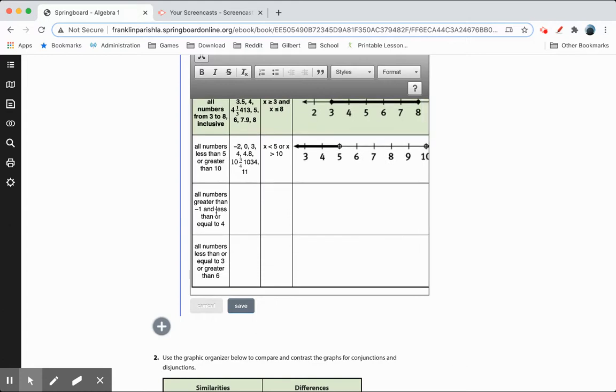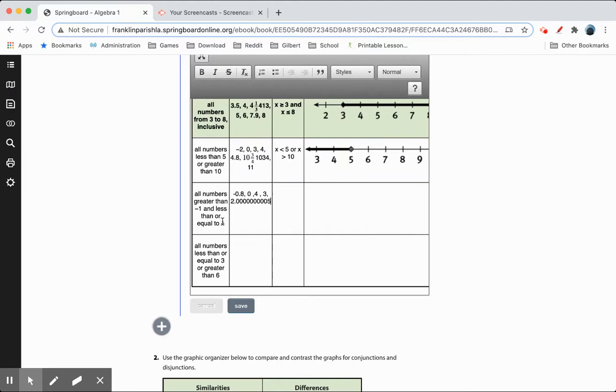Let's look at the third one on this for us. All numbers greater than -1, so that could be -0.8. That could be 0. And it's got to be less than or equal to 4, which is including 4 on that one. Or it could be 3 or 2.000000005.